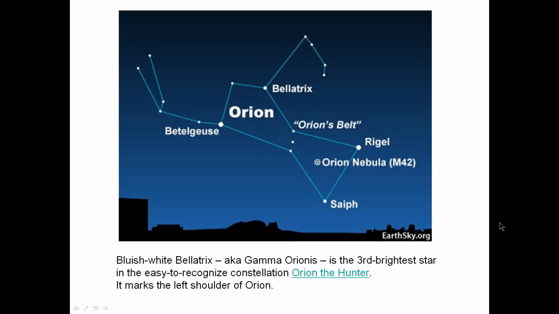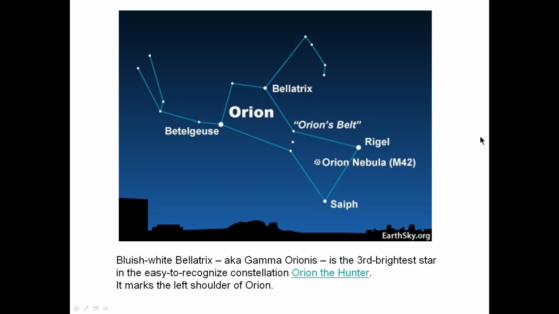One of the stars that he calls out is Bellatrix, and it is the third brightest star in the easy to recognize constellation of Orion the Hunter, and it makes up the left shoulder.